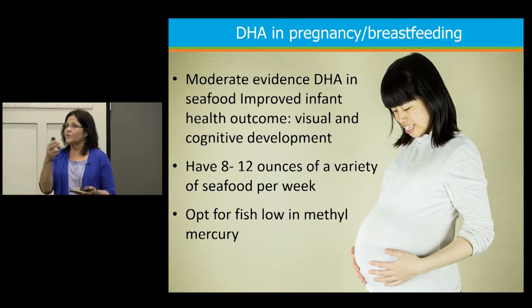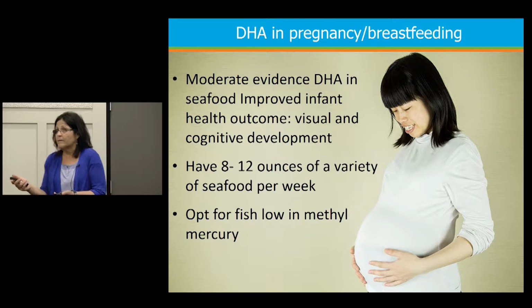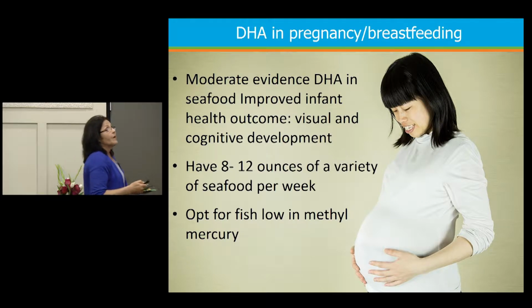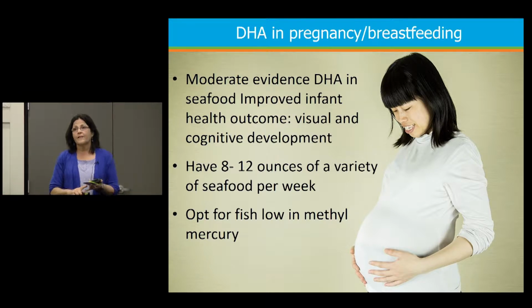And it's not as if all tuna is contaminated with mercury. Tuna, light tuna, is a fantastic source of protein, and it's also a relatively cheap source of protein. So it can be very beneficial if had not going above the 2 servings a week, or even 1 serving a week. So there's moderate evidence that DHA in seafood will improve infant outcomes.